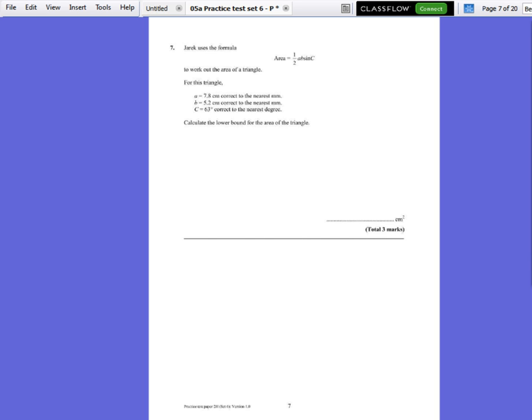Well, if we work out the lower bound, we want the lowest number that all these can be. So that would be a half times the lower bound of 7.8 to the nearest millimetre, that is 78 millimetres, so the lower bound of that would be 7.75. The lower bound of 5.2 would be 5.15, and the lower bound of 63 would be 62.5.